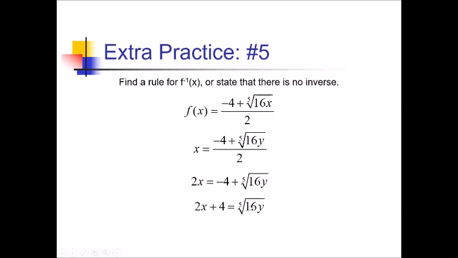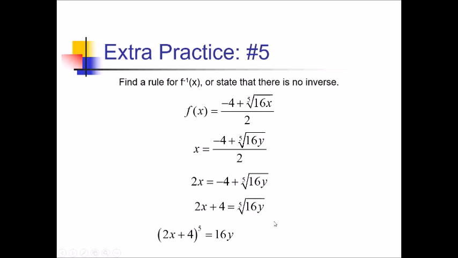Next, I have to get rid of the 5th root. I'll do that by raising both sides to the 5th power. I just have to be careful and put this whole 2x plus 4 in parentheses when I raise it to the 5th. And that gets rid of the 5th root on the right side. Last step, I just have to divide by 16. So I'm going to write y, or actually at this point, f inverse equals 2x plus 4 quantity to the 5th all over 16.